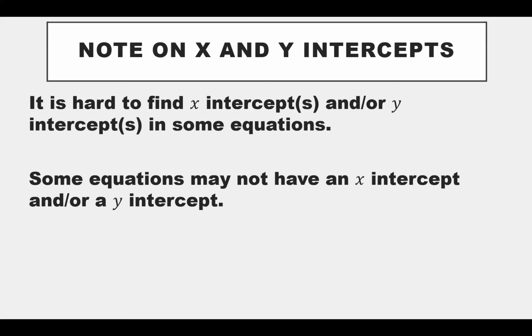And like I stated earlier, some equations might not have an x-intercept, and some equations might not have a y-intercept. Some will have an x-intercept and not a y-intercept. Some may have a y-intercept and not an x-intercept. So don't just think we're always going to have to find an x and y-intercept and they're always going to be really easy to find. Sometimes they're a little bit trickier.